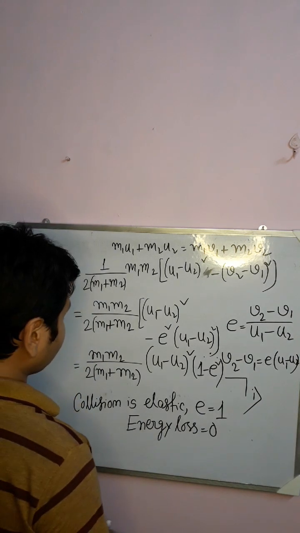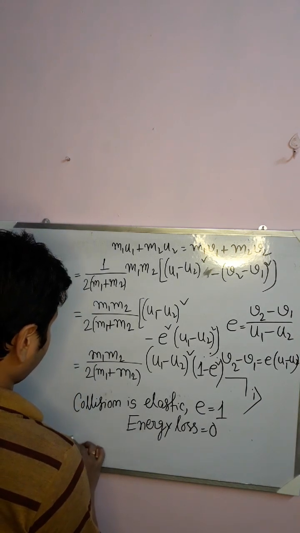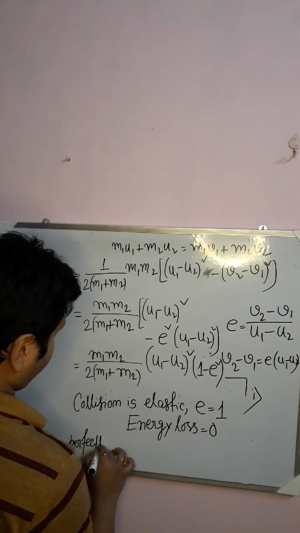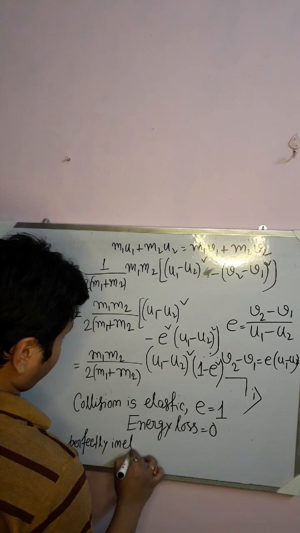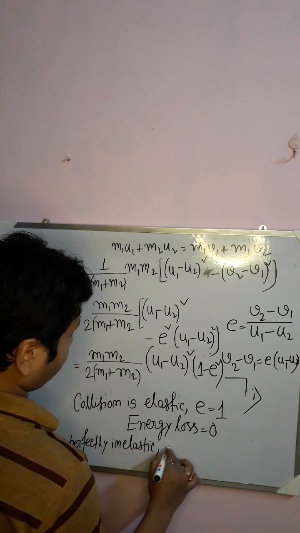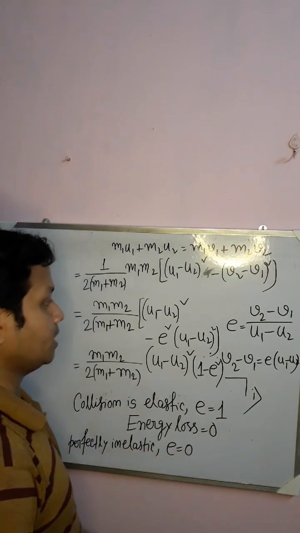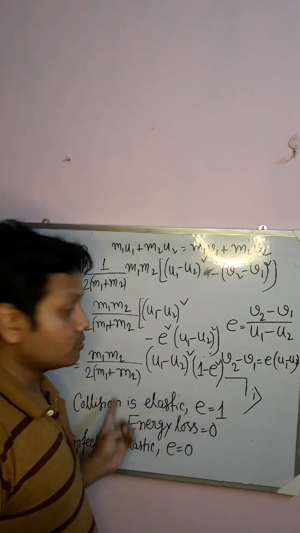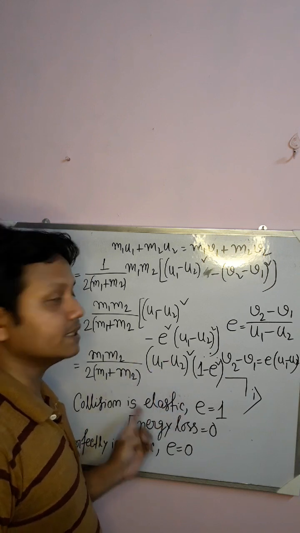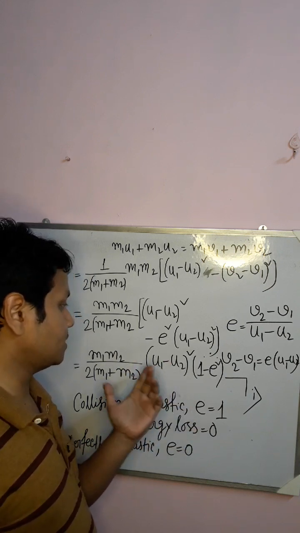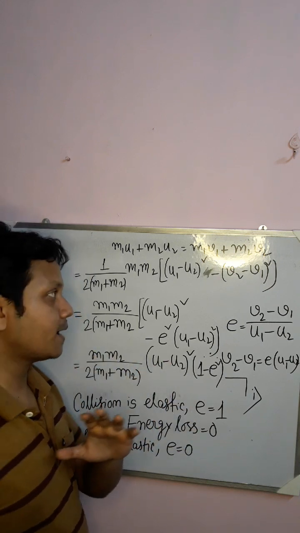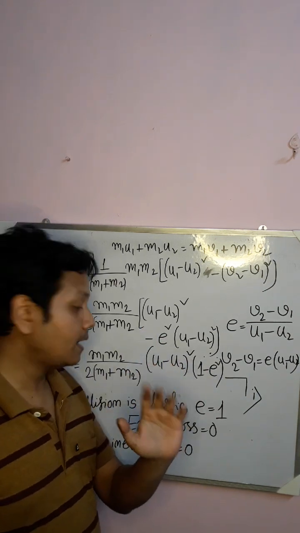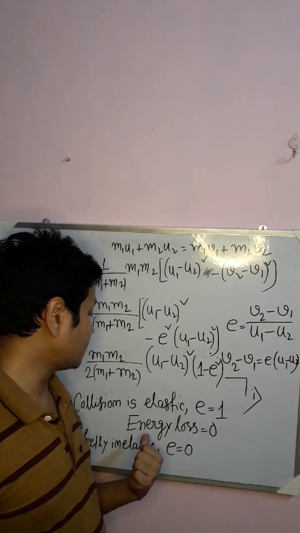If we take the perfectly inelastic collision, then e is 0. If we put e is 0, we see that the energy loss is maximum. This quantity remains, that means energy loss is maximum. So we have found the general expression of energy loss due to collision, and we also found the special cases.